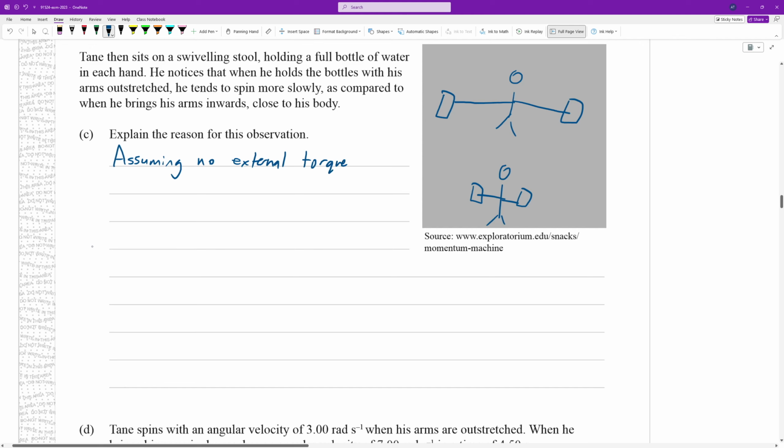But you could say forces as well. Assuming no external torque, angular momentum is conserved. Cool. I'm just going to remind us of this equation. Angular momentum depends on inertia and angular velocity.